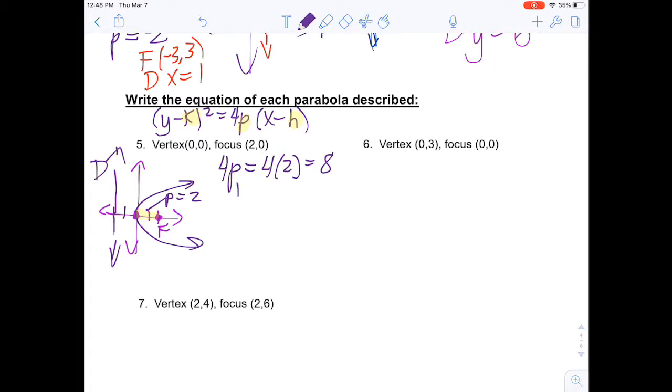And the h and k is our vertex, which is 0, 0, so we don't need to sub in anything for those. It's just going to be y squared equals 8x.